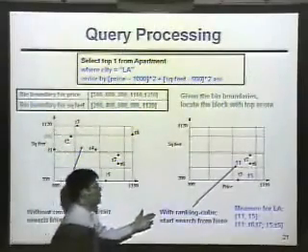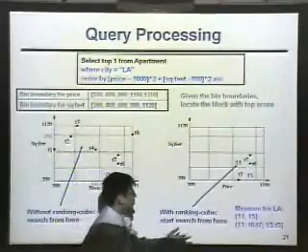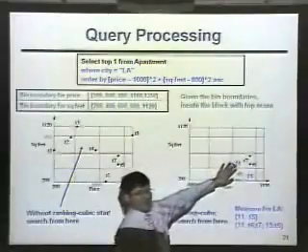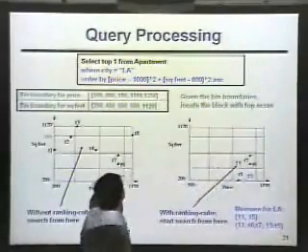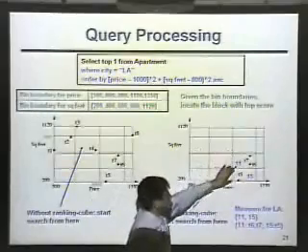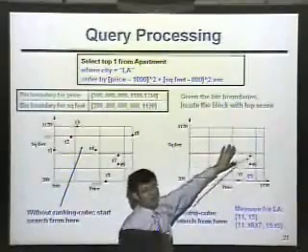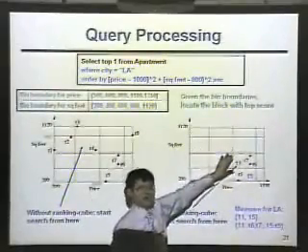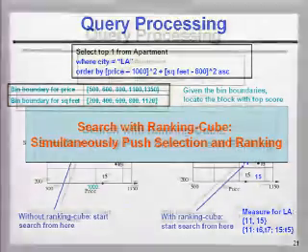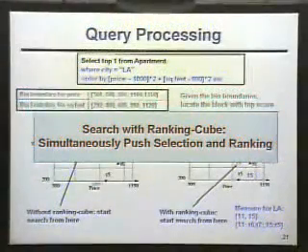With the ranking cube, we know only block 11 and block 15 have data satisfying this selection condition. So instead of starting the search from here, we start from here, because we know the bin boundaries of 11 and 15 and which block is more promising for the top answer. In this way, we simultaneously push ranking and selection together into query processing.